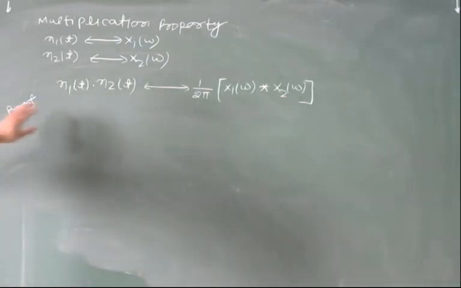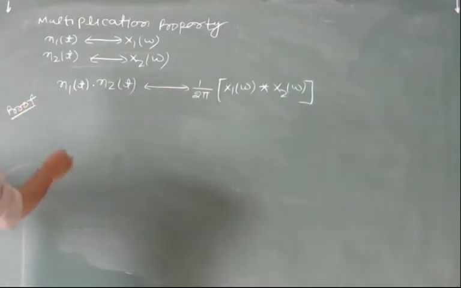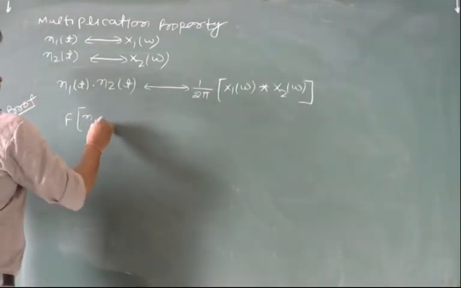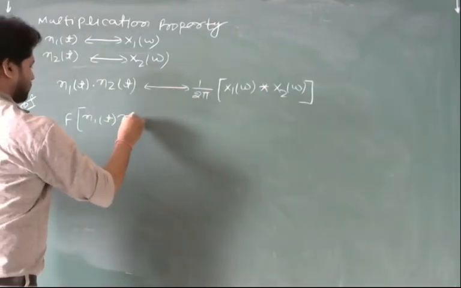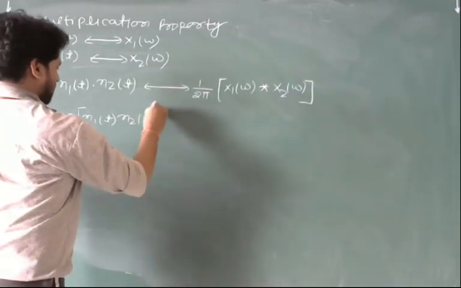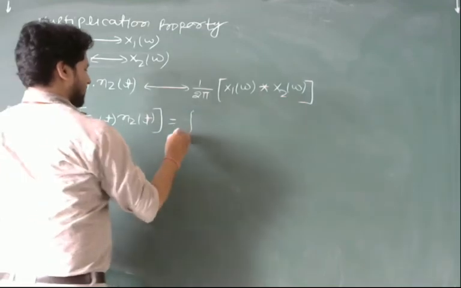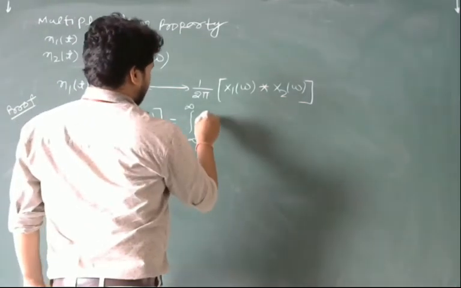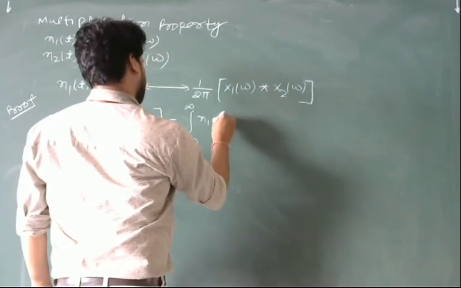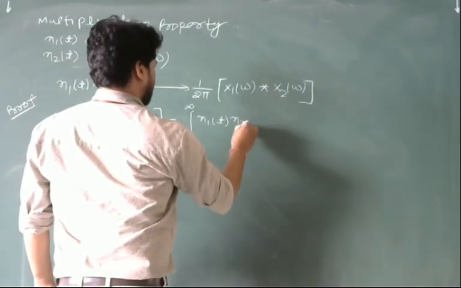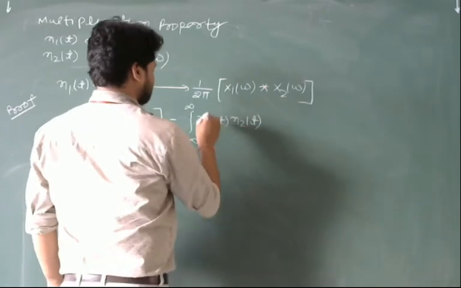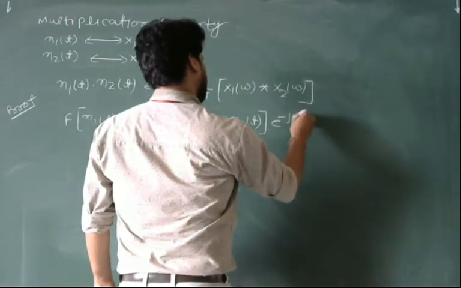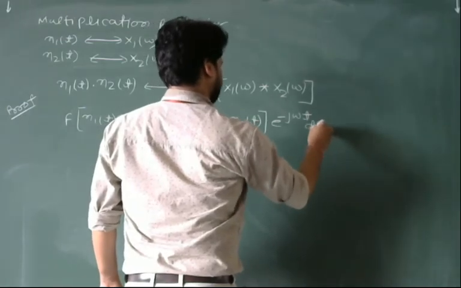The Fourier transform of the signals x1t into x2t will be equal to integration from minus infinite to plus infinite x1t into x2t e power minus j omega t dt.